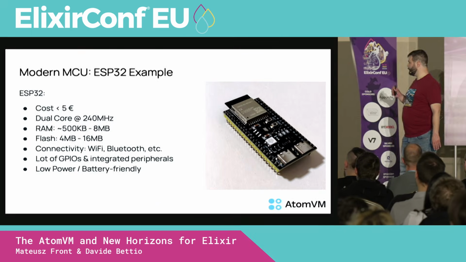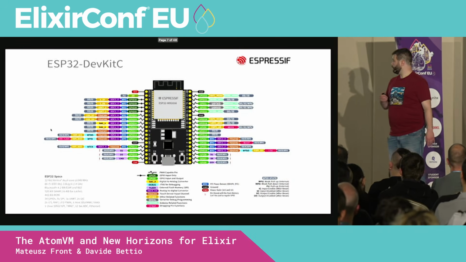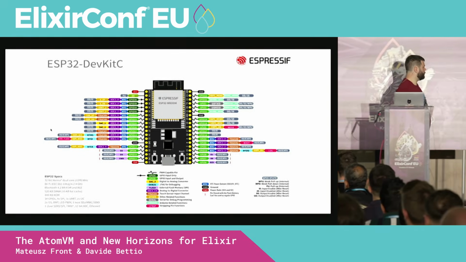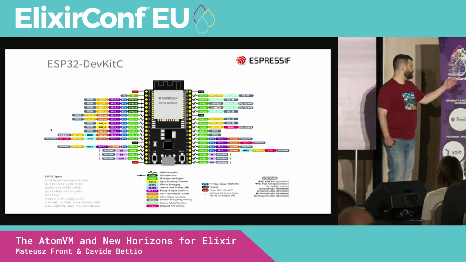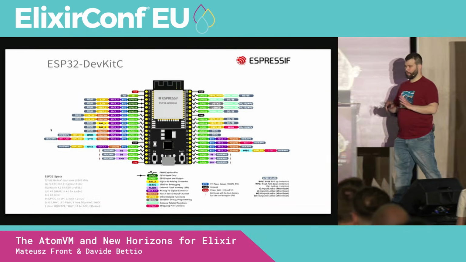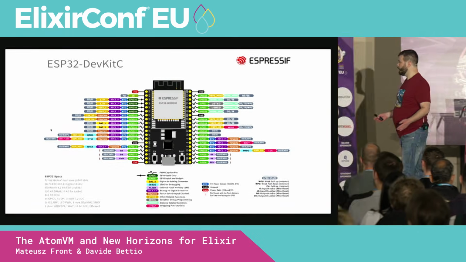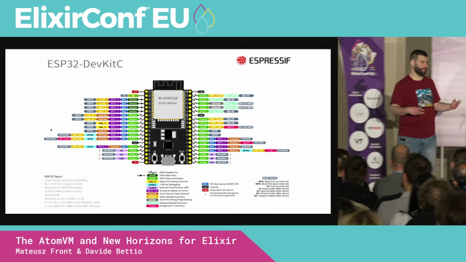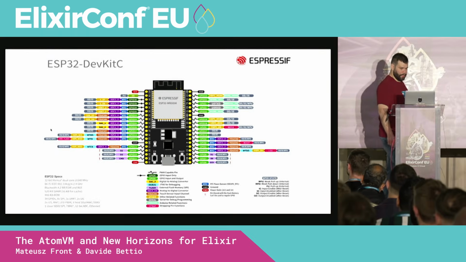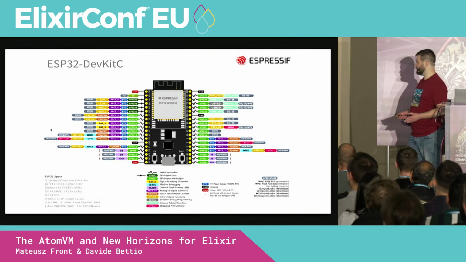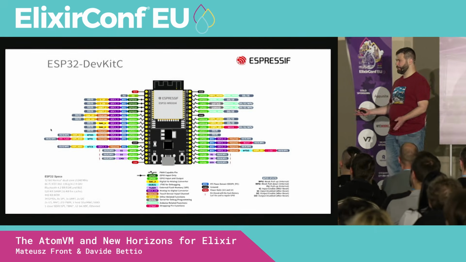If we take a look at the schematic, we can notice that there are a number of different options. You can connect any kind of sensor or peripheral you have in your mind. That makes this a very interesting solution for building objects, any kind of object you can think of.